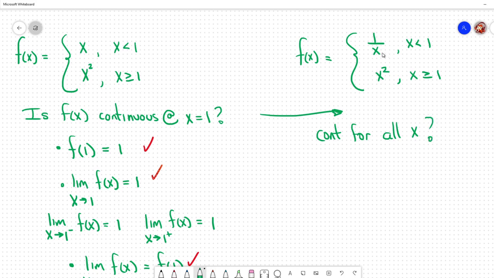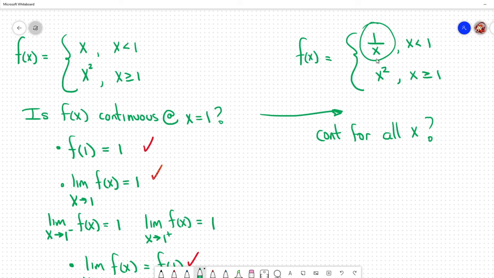No, because this branch of the piecewise function is not continuous. There is a value that will cause this to break, and that is going to be when x is 0. And that actually falls under its domain.